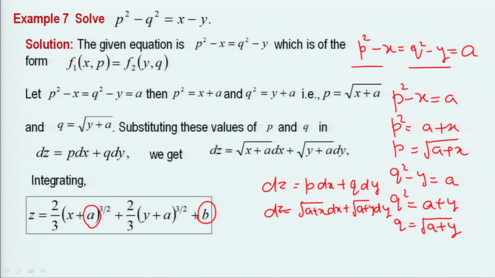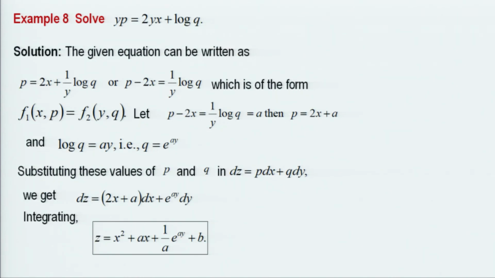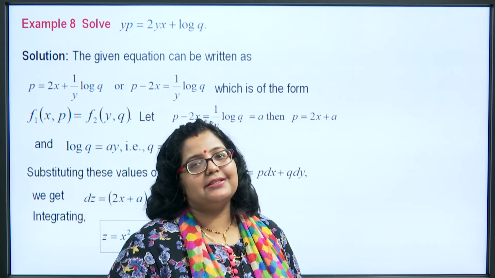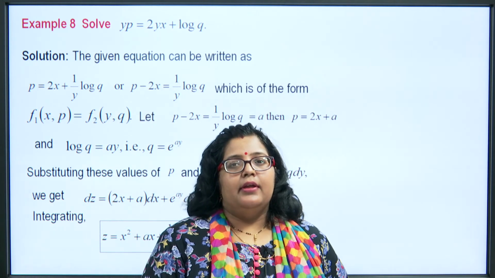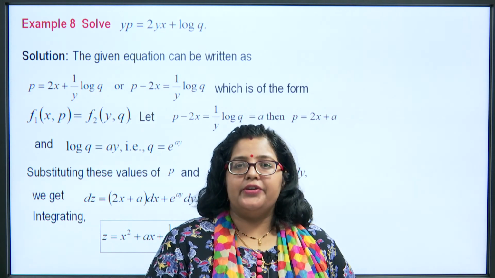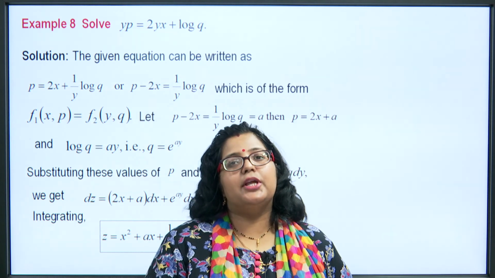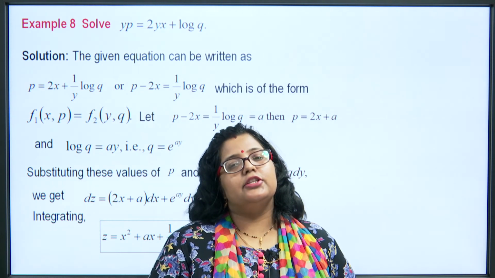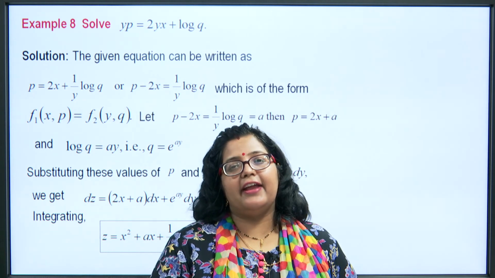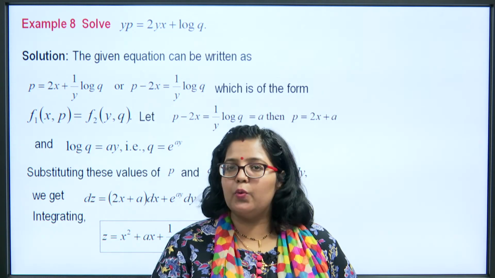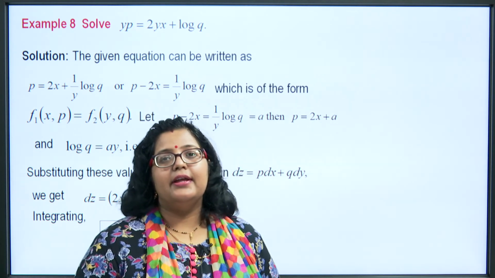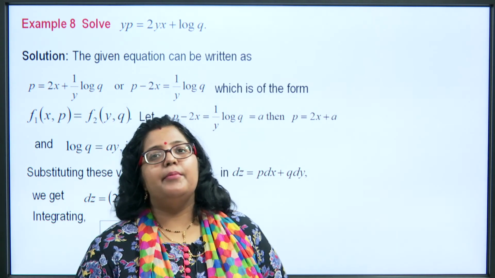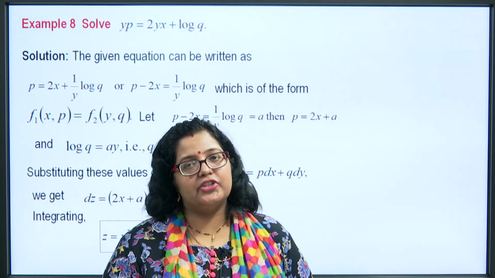Now solve the next equation, yp is equal to 2yx plus log q. Firstly, see what type of equation this is. This is not type first because it is not containing only p and q. This is not type second because it cannot be written as z is equal to px plus qy plus some function of p and q. This is not type third because it is not containing z.